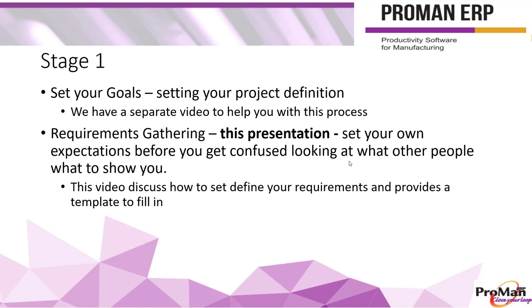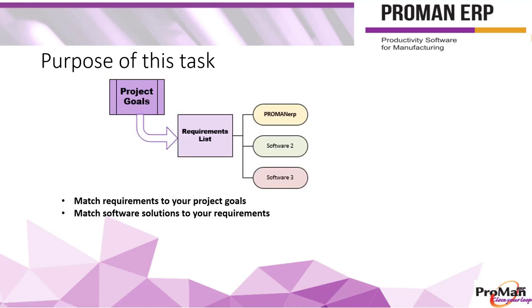I think historically people get confused whenever they're looking at all of the features that people try to show them and demonstrate to them, and then it sort of clouds what it is that they're trying to get accomplished. So I think it's really important for you to stop at this point and set your requirements and say, these are the things that we're trying to accomplish before you go off and get clouded or confused by all those other features and things that are going on.